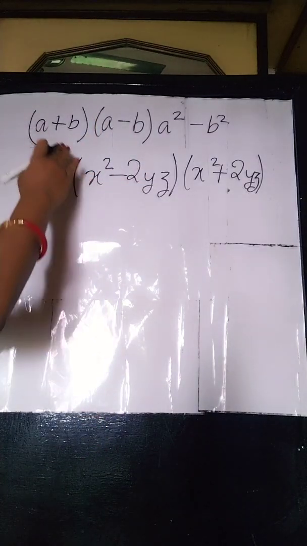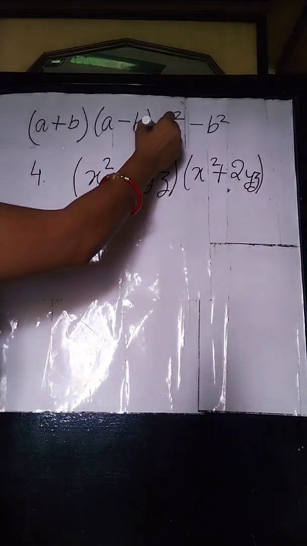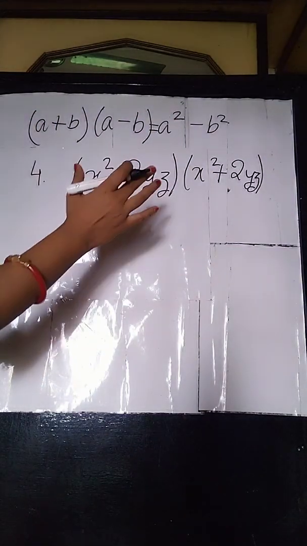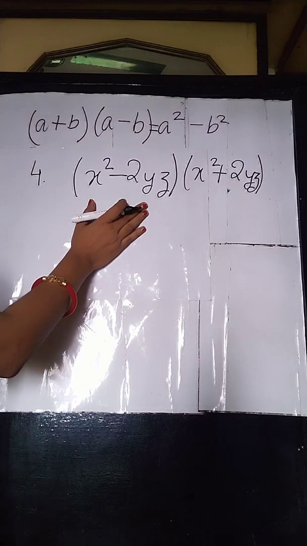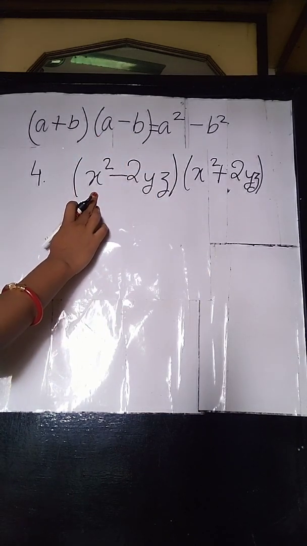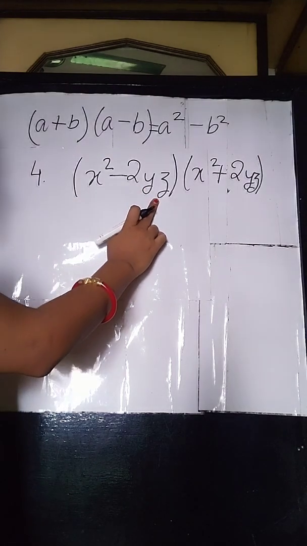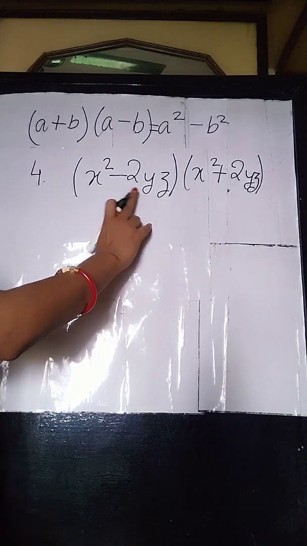Now whether a + b is written first or a − b is written first doesn't matter. Both are the same. See here, a means the first term, which is x², not x but x², and the second term is 2yz.